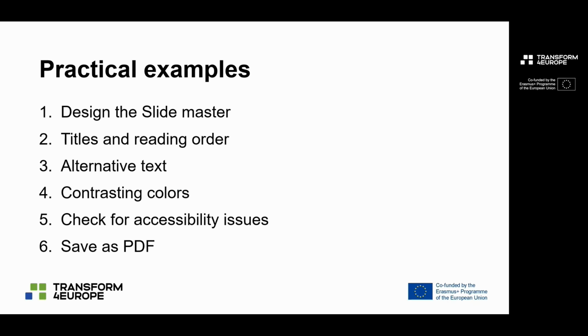Firstly, we will learn how to design the slide master. After that, we will understand the importance of titles and reading order. Then we will discuss how to apply the alternative text, which is done in a very similar way to Microsoft Word. We will continue by checking for accessibility issues. And finally, we will save our presentation as an accessible PDF.